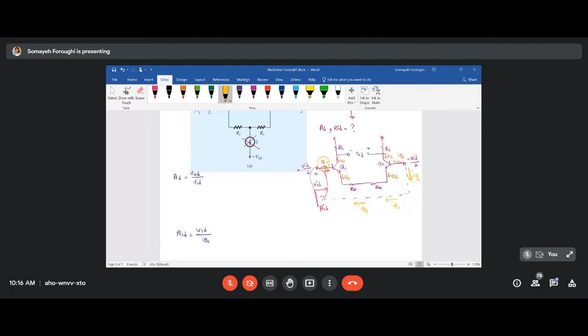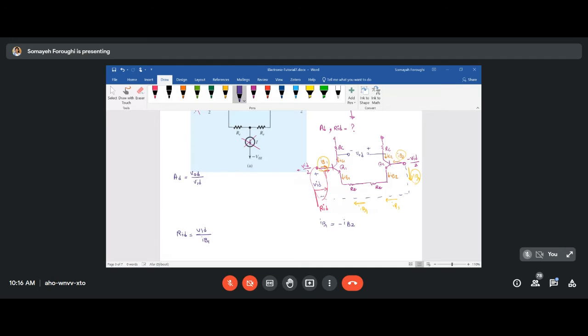Then the relation between IB1 and IB2 is that they are opposite in sign of each other. So you can simply say that IB1 must be negative of IB2 because they are all in a loop, like we are showing two opposite direction currents.